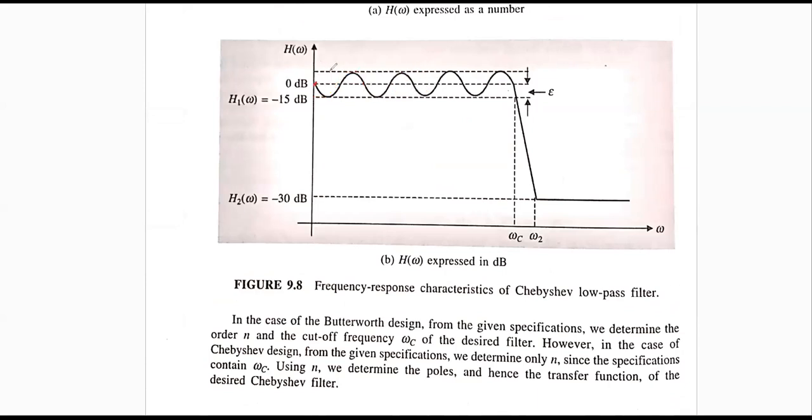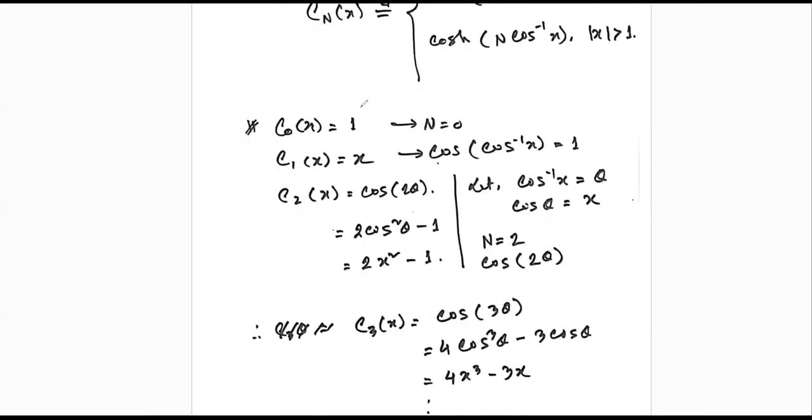There might be different combinations. So how will it start? Does that depend on the order of the filter, or does it depend on some other thing? That is our concern. So that's why we start with this portion.